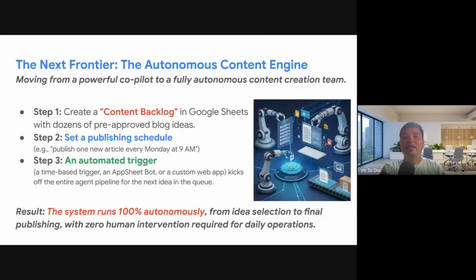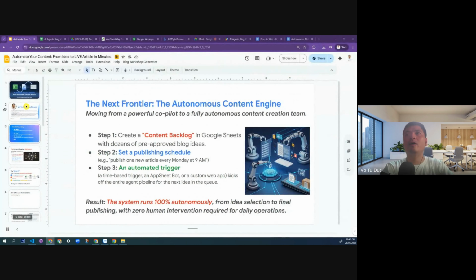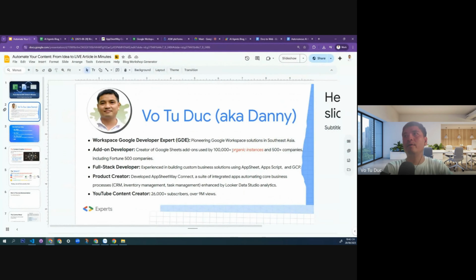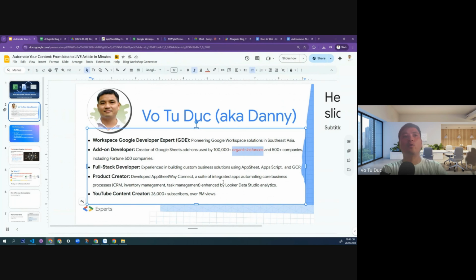So the main idea here is, as I remember, currently there are around 900 million Google Sheet active users. So if we deploy something like this to the Google Workspace Marketplace, like what I have done, I monetize my add-on. Organically, 100.